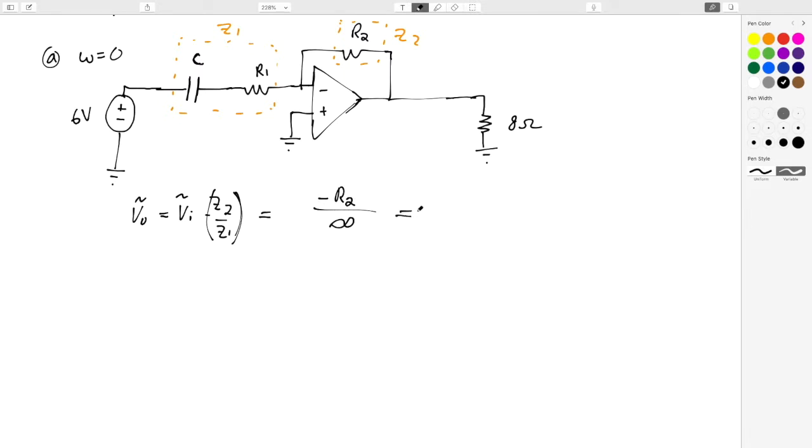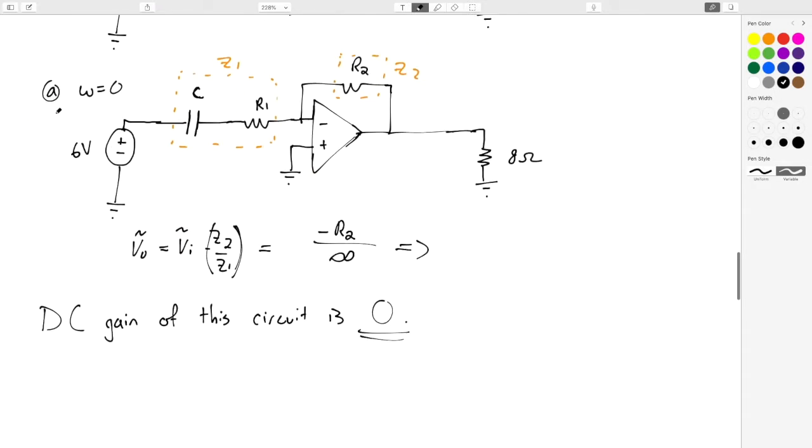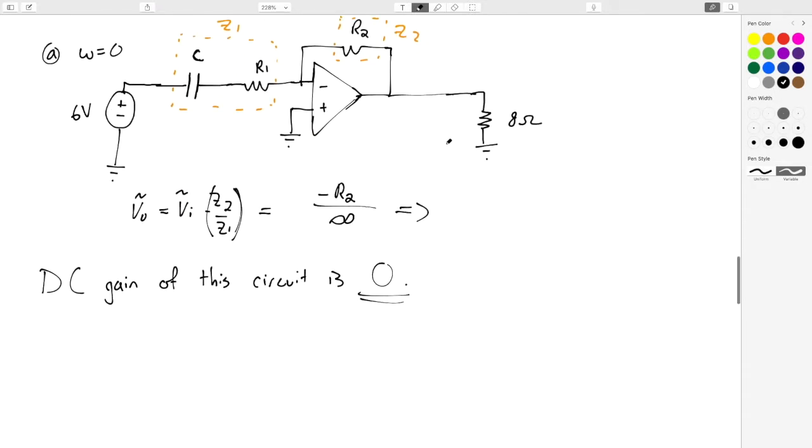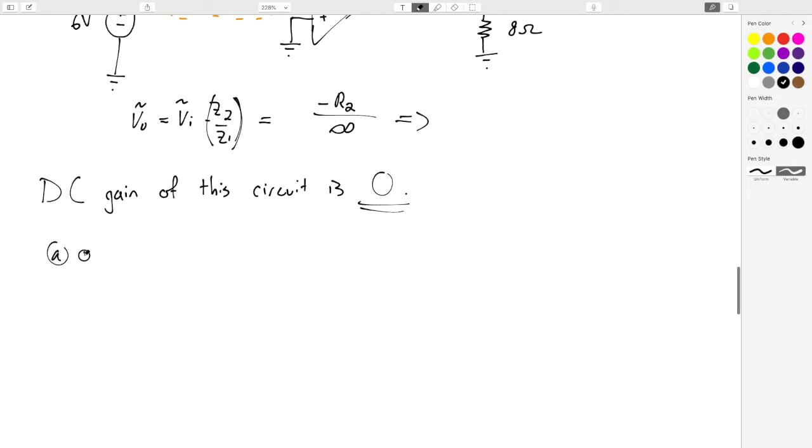So this is basically 0. This says the DC gain of this circuit is 0. Any omega of 0 amount coming in is not going to show up at the output. Now let's look at it with omega not 0.